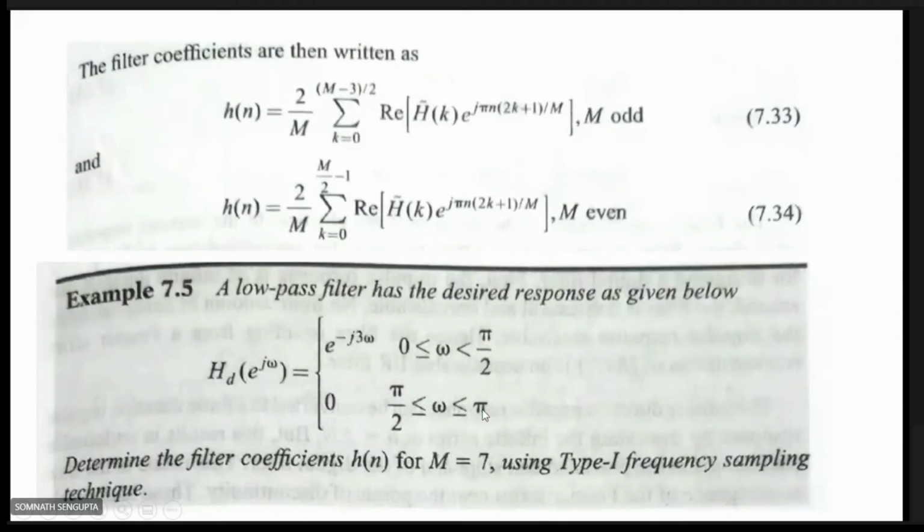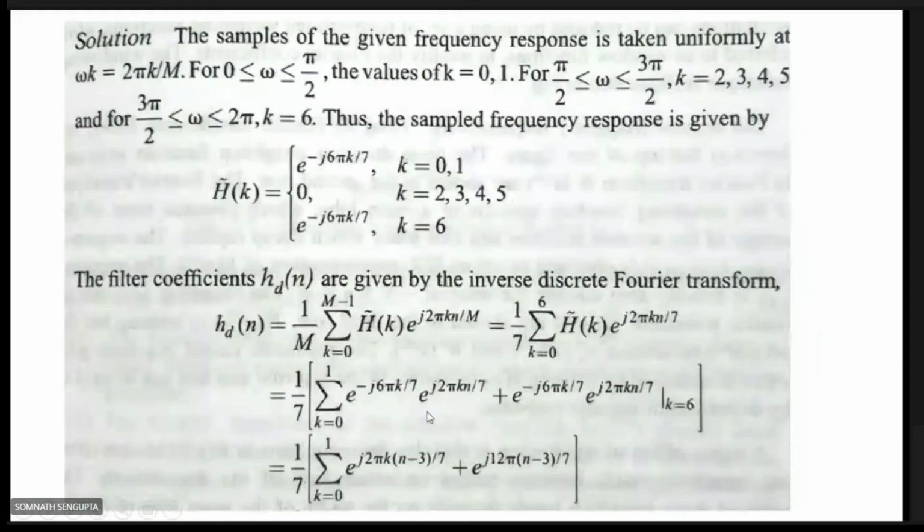If you calculate, it is pi by 2 to 3 pi by 2 where we get the frequency samples 2, 3, 4, 5.